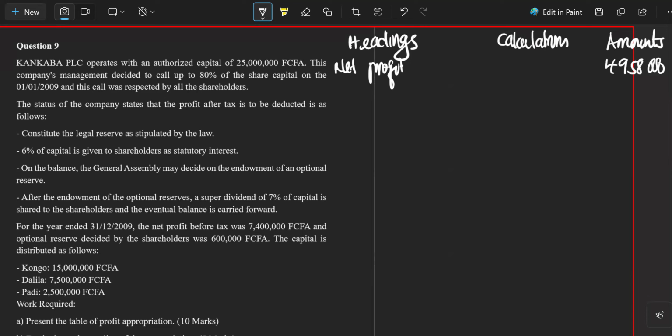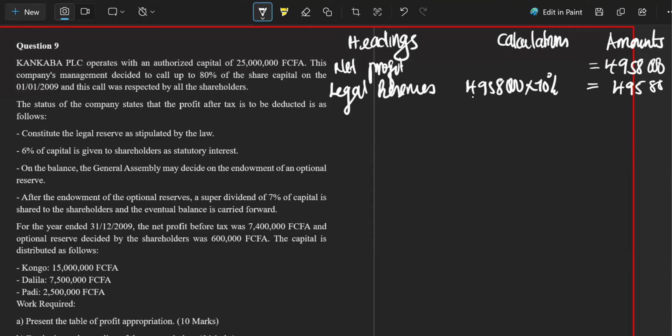We come down to legal reserve. Legal reserve is usually a calculation: 4,958,000 francs times 10%, which gives us 495,800.